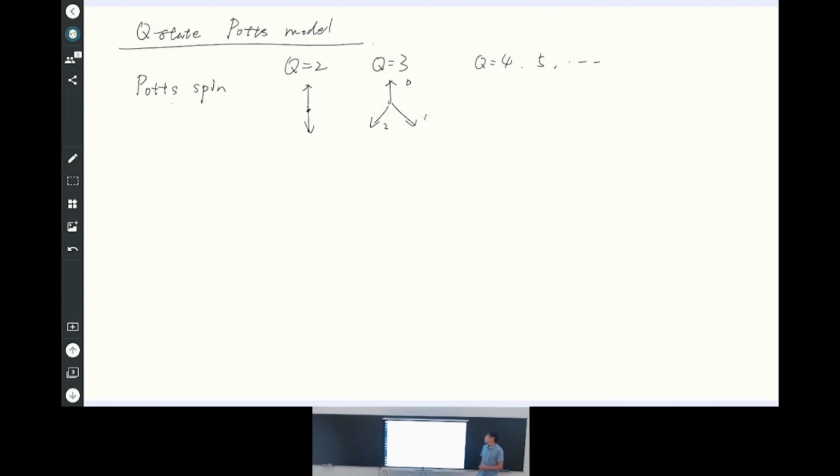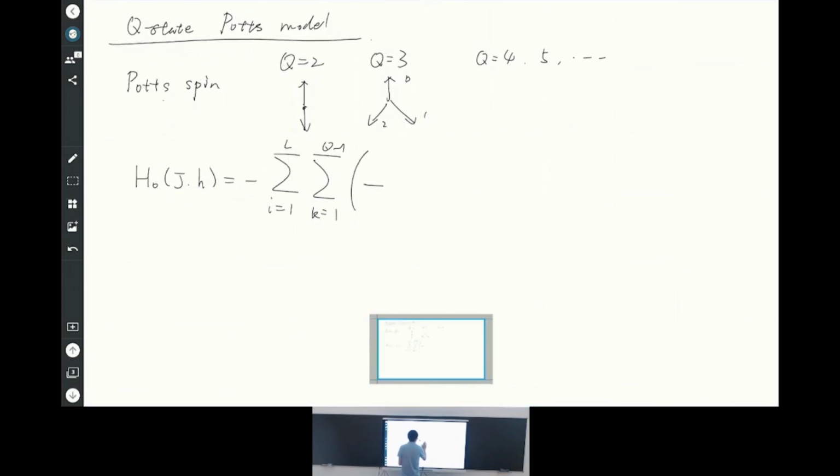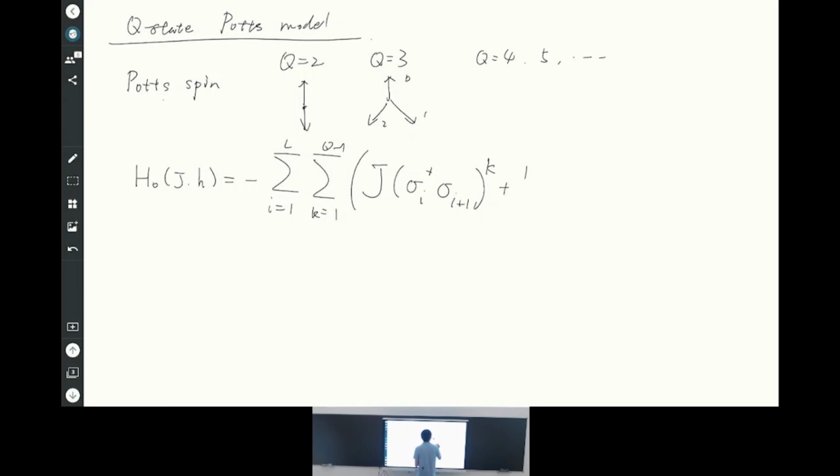And the model that we write down, the original Potts model, is like this. H equals minus sum over i from 1 to L, and k is an integer summation from 1 to q minus 1, J, dagger, cross h, tau i, k.